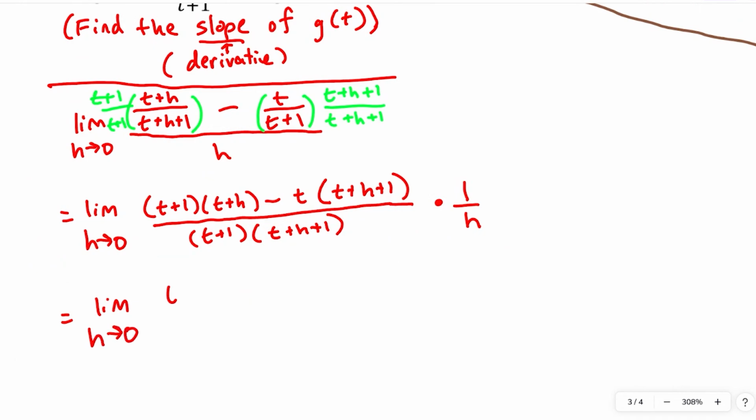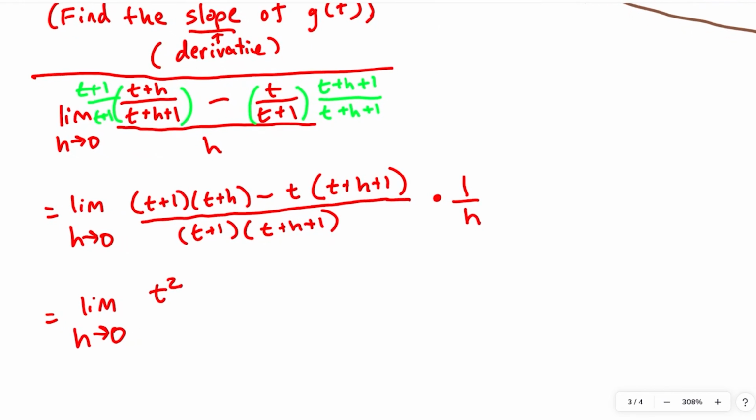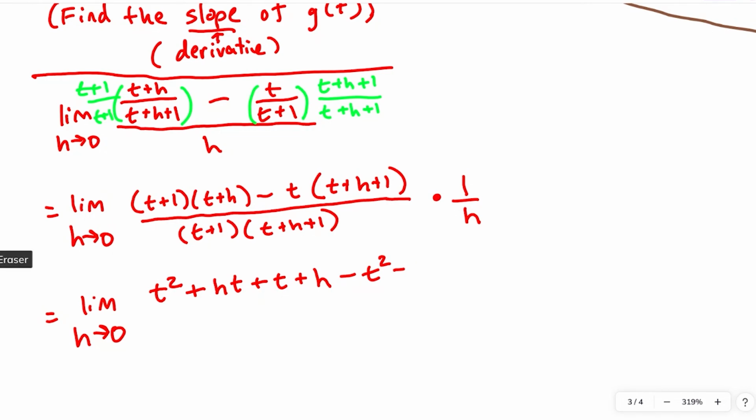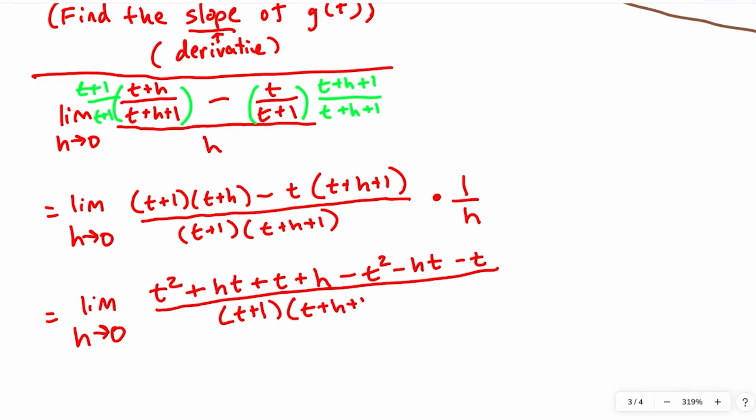T times t is t squared, t times h is ht, plus 1 times t, plus 1 times h. That was just foiling the first part. Minus t squared, minus ht, minus t, all over t plus 1 times t plus h plus 1, times h.